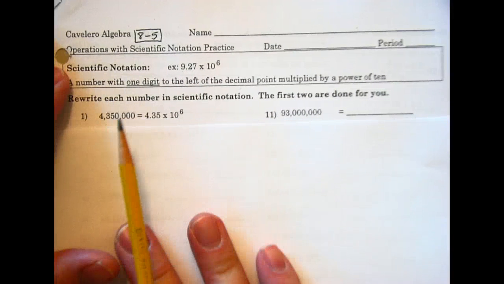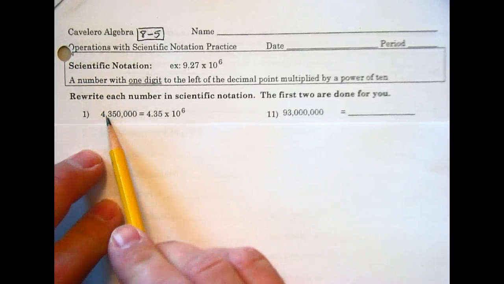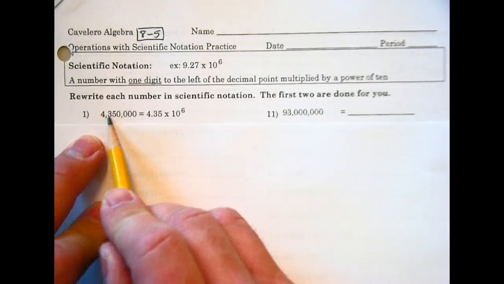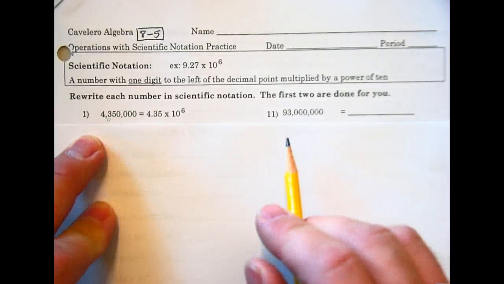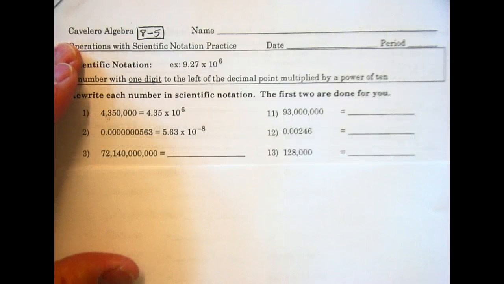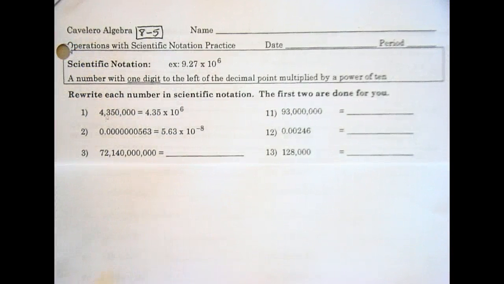So when I'm looking at 4,350,000, we're trying to get the decimal in between the 4 and 3. Okay? So if I'm going on to say number 3 here, everyone give that one a shot. Tell your neighbor where that decimal has to end up.